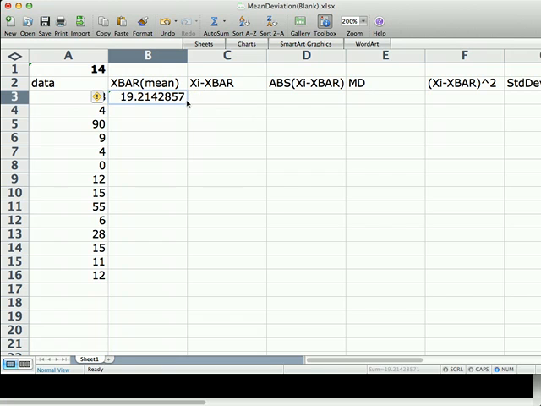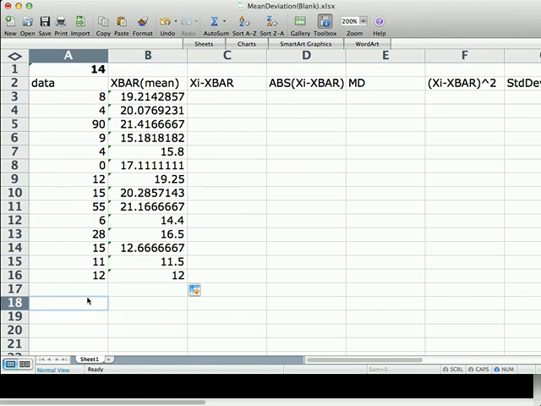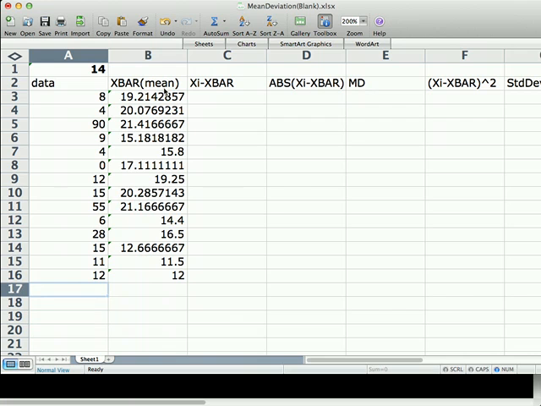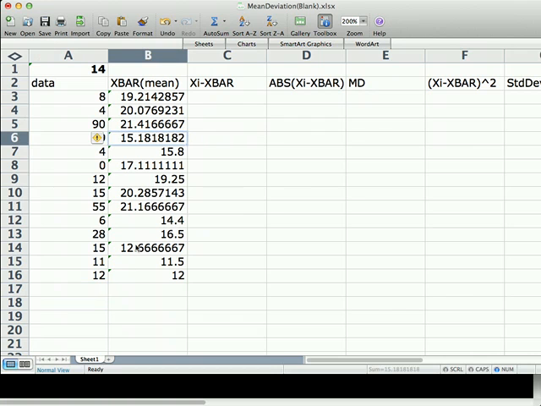So let's see. I will drag, double click and bam. You see n. I'm allowing it to have up to 100 values. So that way I could add a number here like 34, and then it'll update that. And why is the mean changing, guys? What did I do wrong? Look at this, it says A105.